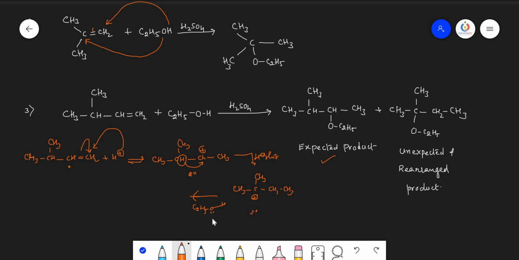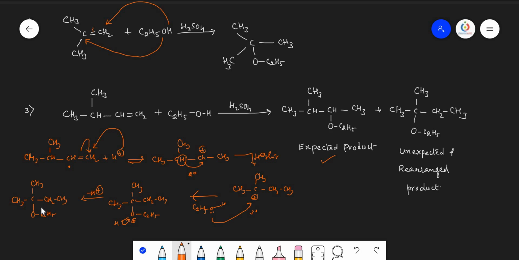The lone pair of electrons of the oxygen of the ethyl alcohol attacks this particular carbocation so that they give the CH2, CH3, O, C2H5 and hydrogen positive charge, and this hydrogen will be removed so that finally we get the rearranged product, C2H5, CH2 and CH3.